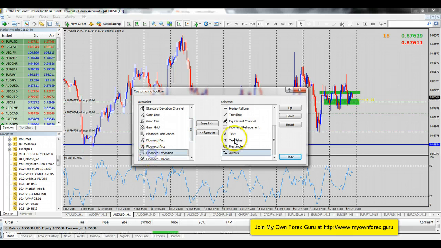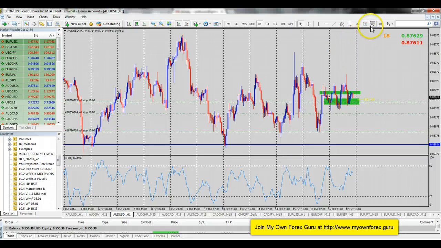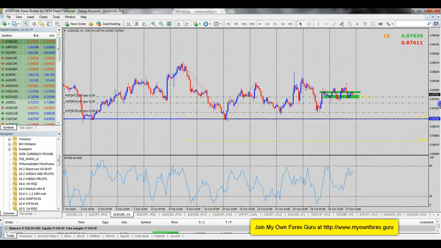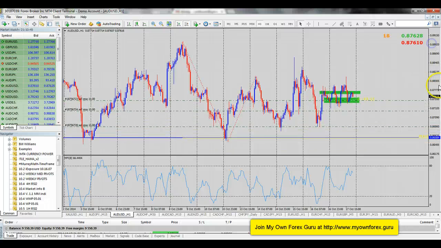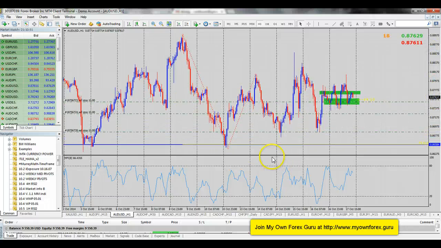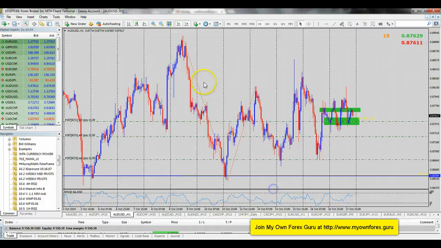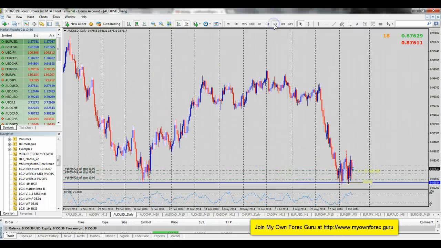Fibonacci expansion. So, you don't see right now. Delete that. See if we can do this.